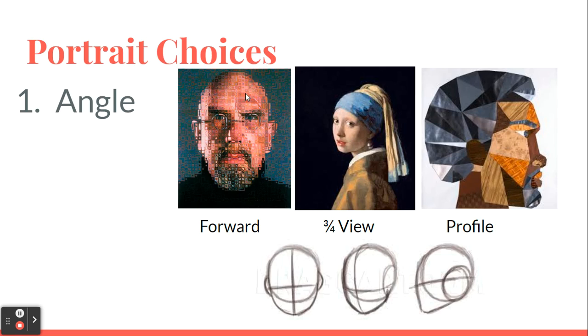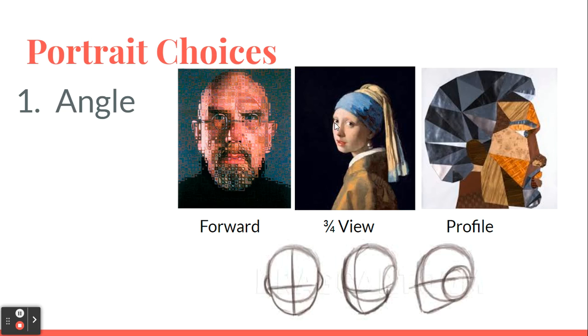This is a forward portrait. That's Chuck Close. Everything is just the way it was in our picture. A 3/4 portrait is a portrait that shows a little sliver of the far side of the face and a big part of the near side of the face. In a 3/4 view, you see the side of the nose, you don't see the other nostril.